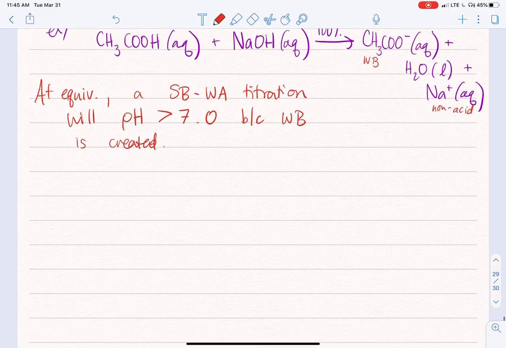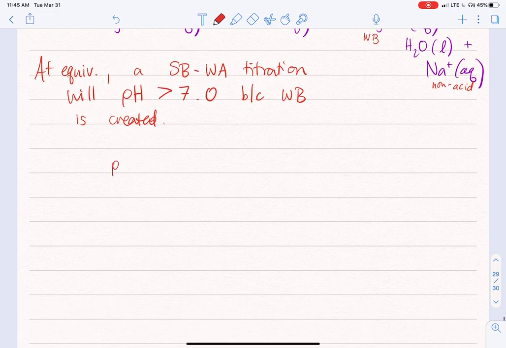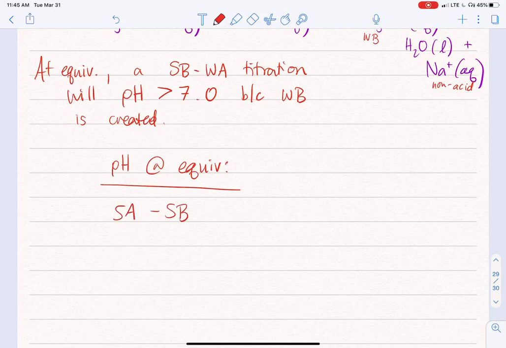Just to summarize what we have talked about thus far, the pH at the equivalence point for a strong acid, strong base titration is going to be 7, because what you have in solution at equivalence is 2 non-acids or non-bases and water.